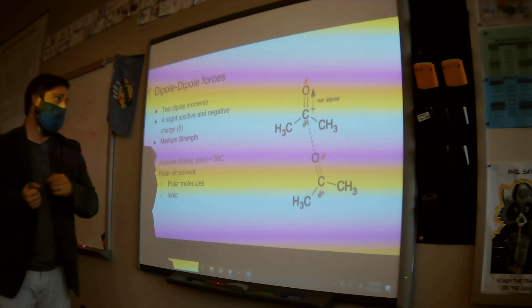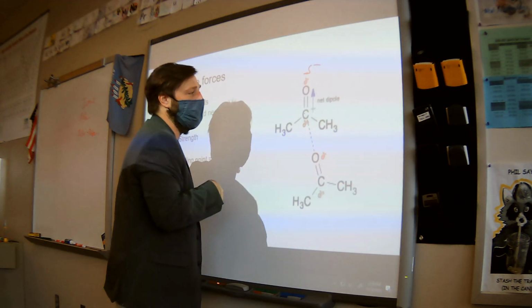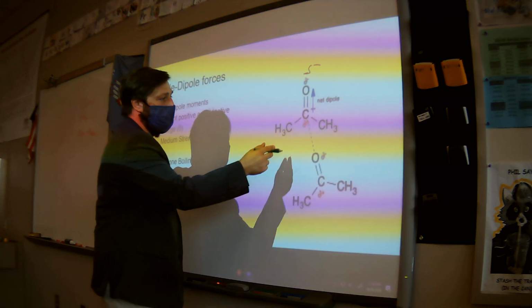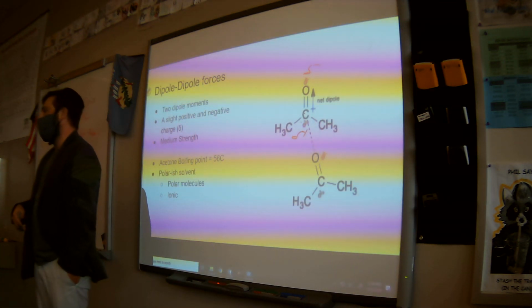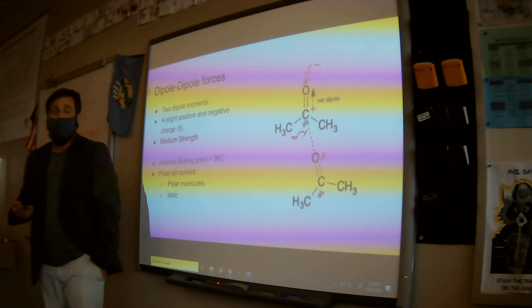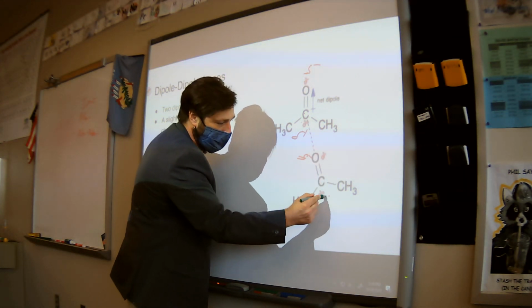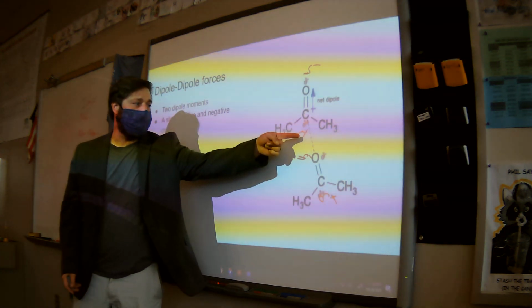So oxygen is going to be a negative charge because it's sucking up all the electrons. This carbon is going to be a positive charge. Now, if you have another acetone, this oxygen's negative charge, this one's positive charge. What's going to happen? Positive, negative.